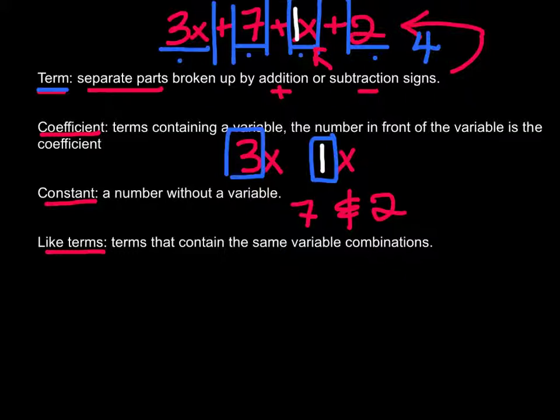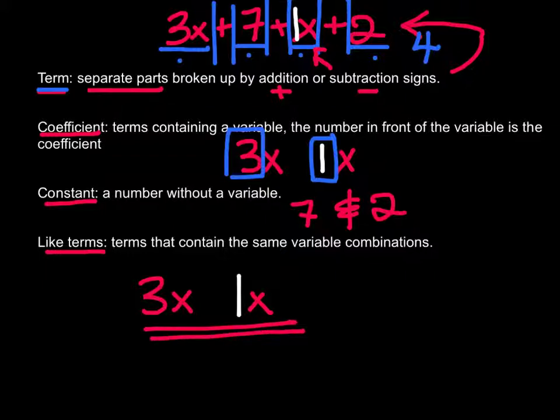Now, like terms. Like terms are terms that contain the same variable combinations. So if we look at our coefficient information, we had 3x and 1x. These are like terms. So I'm going to identify these in our problem with a little tiny triangle under those. We have also other like terms.